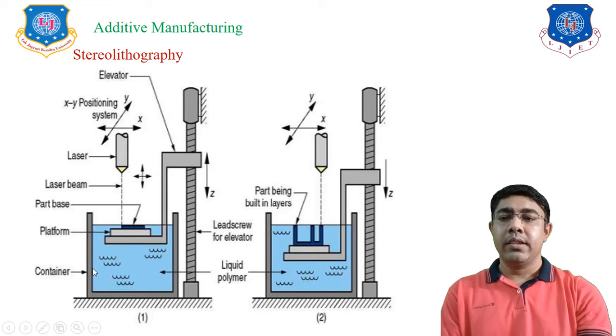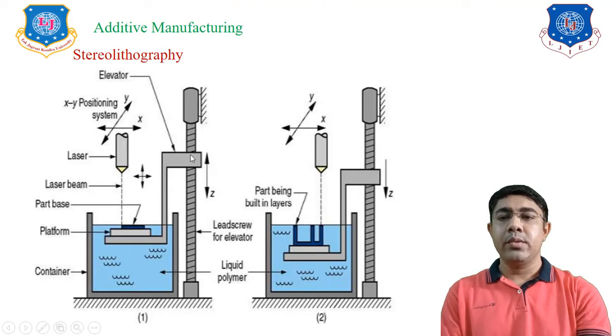If you look at the stereolithography setup, the liquid polymer is contained in a container, and a platform is shown. The platform is used to make the components, and it is attached to a lead screw elevator.